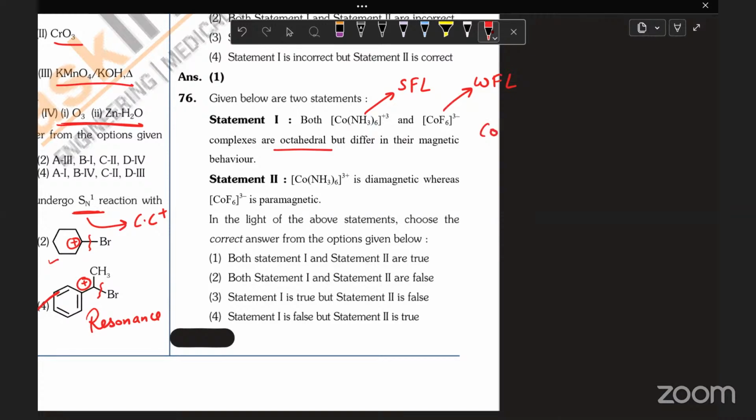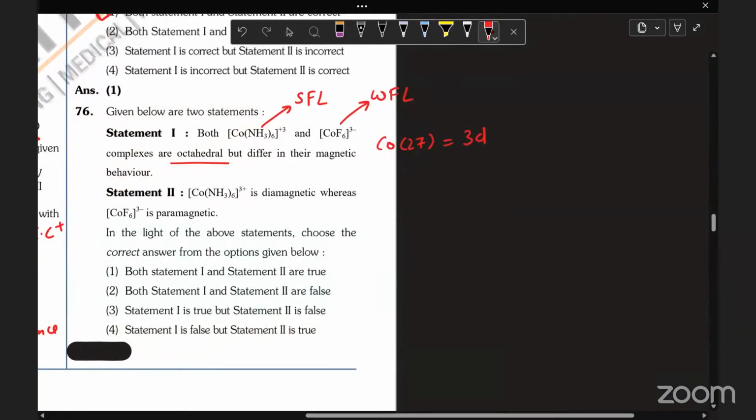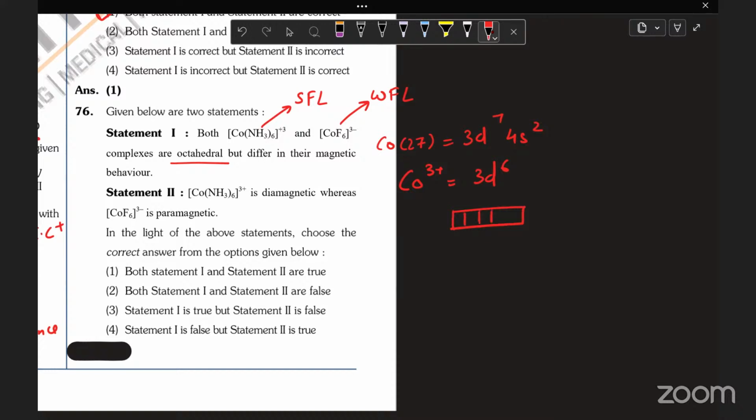Cobalt is 27, so it's 3d7 4s2. Cobalt +3 will be 3d6. When it is a strong field ligand, the pairing of electrons will happen: 1, 2, 3, 4, 1, 2, 3, 4, 5, 6. This is how cobalt 3+ looks.